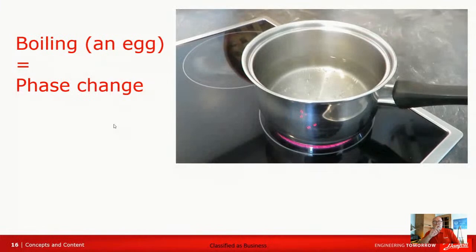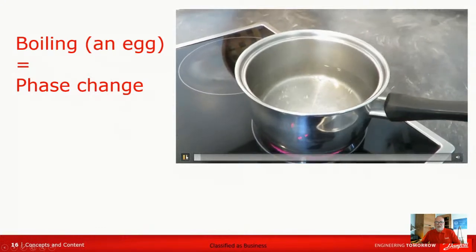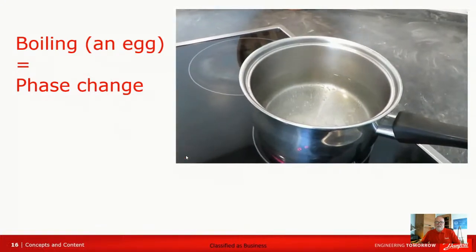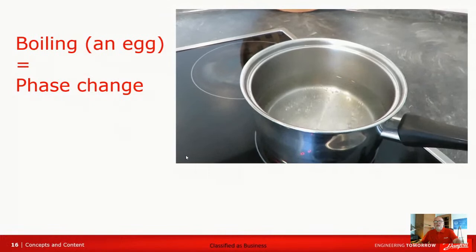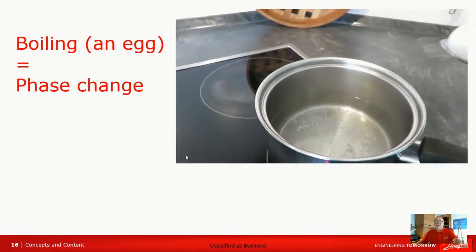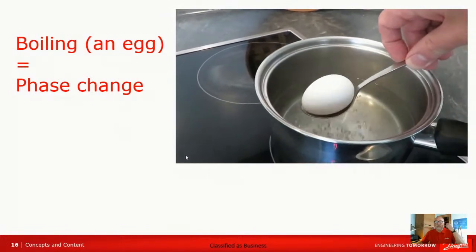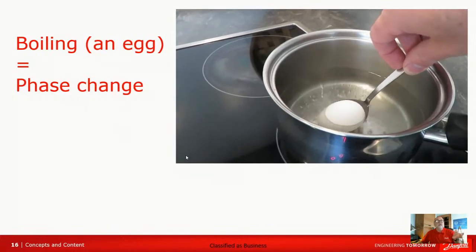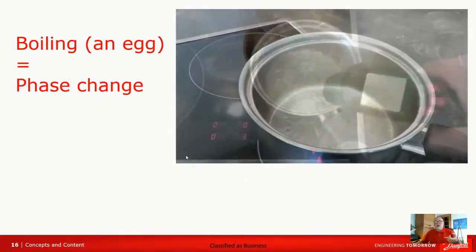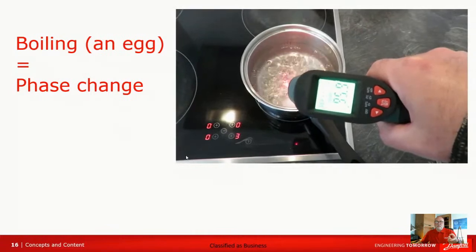Now, let's just cement the fact that heat equals energy. And as a proof, we'll boil an egg. You heat up the water. And the strange thing is that you heat up the water, and obviously it gets warmer and warmer, but only to a certain point, or rather only to a certain temperature.